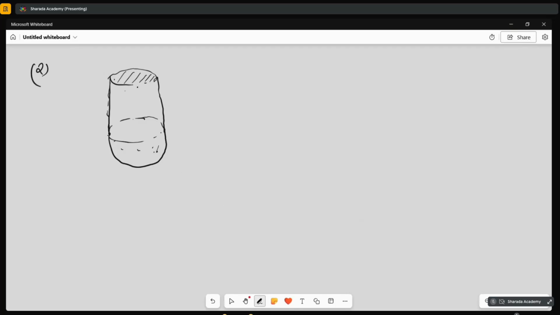So that means this is also hollow. We are not filling that. That means both are curved surface areas, both are the curved surface areas which you have to calculate.